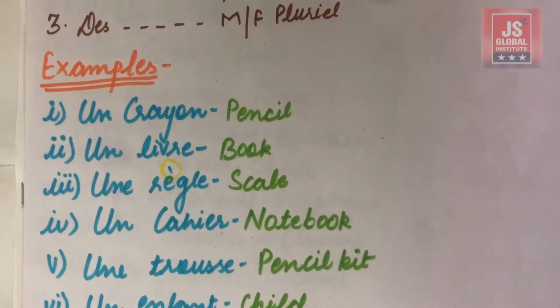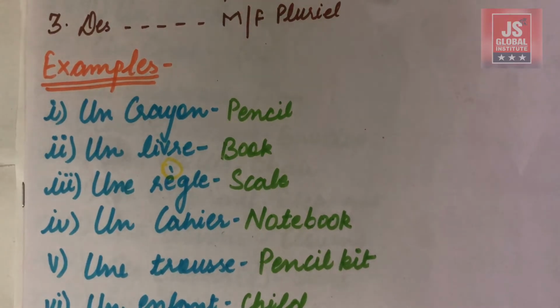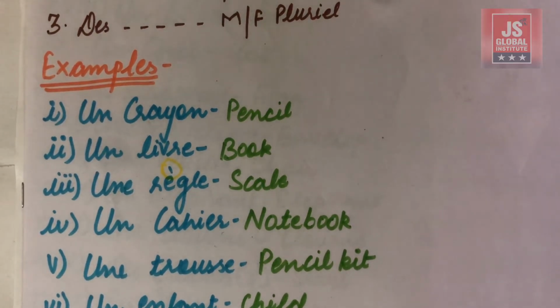Right, so now moving on towards the examples. One thing you have to keep in mind is that French is a gender biased language. This is similar to Hindi or Punjabi or any other gender biased language. For example, if I mention table in Hindi or Punjabi, that is stated to be masculine, and for chair this is feminine.